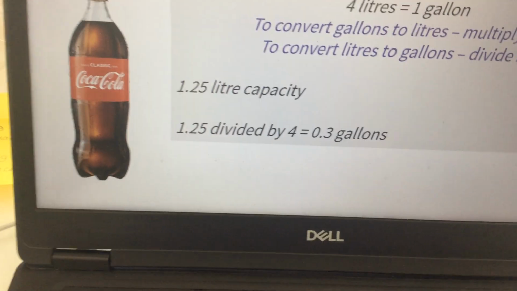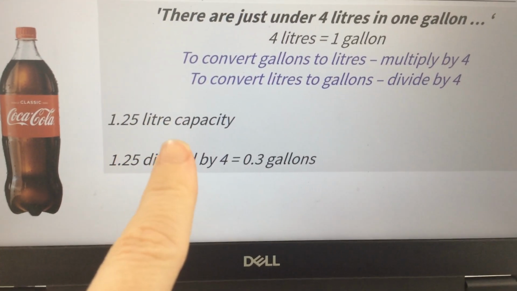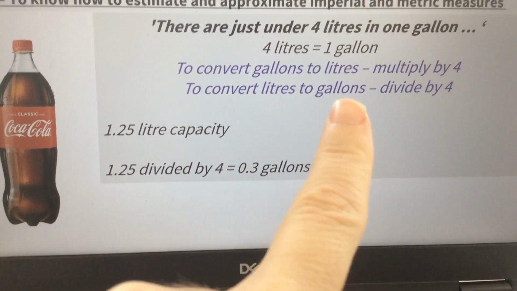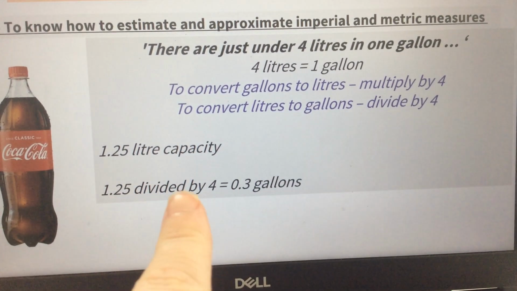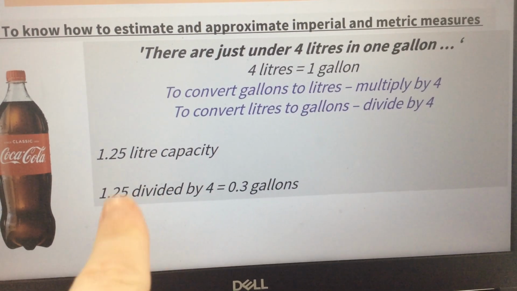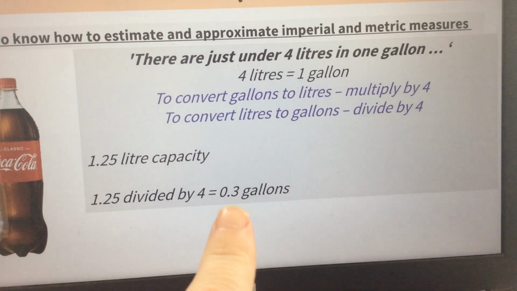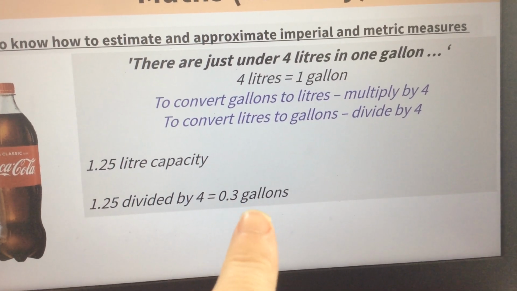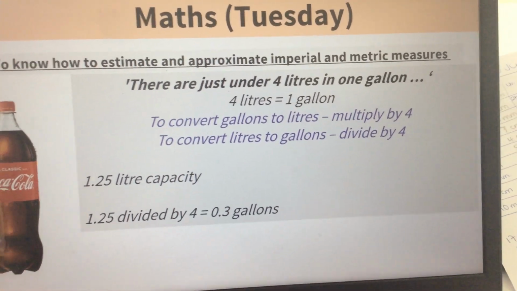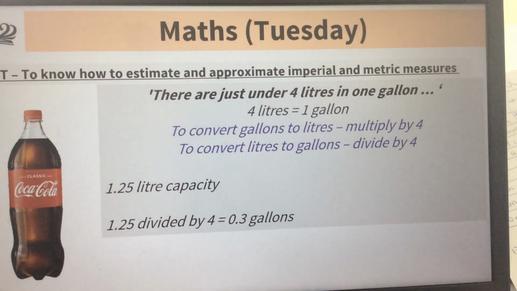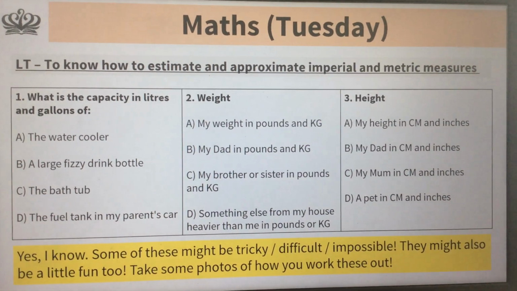So to convert from litres to gallons, I've got to divide by 4. So 1.25 divided by 4, you can use a calculator to do this, is approximately 0.3, so 3/10 of a gallon in that bottle. Okay, so these are your tasks today.